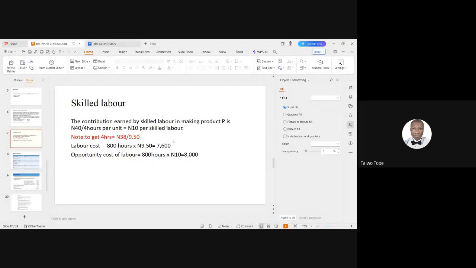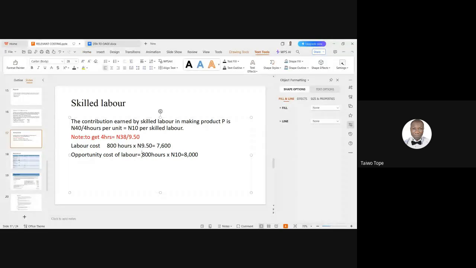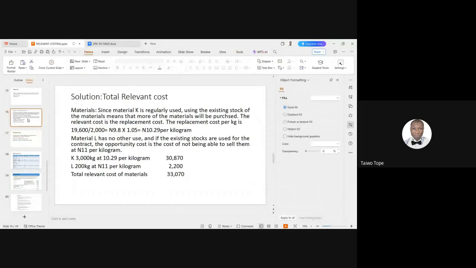If he decides to use them, it means product P will suffer a loss of contribution of 8,000. If he decides not to use them, he will incur a cost. But the point is that the workers are not available as much.